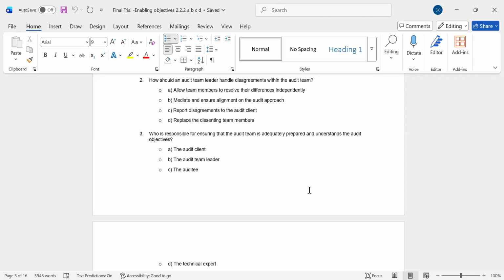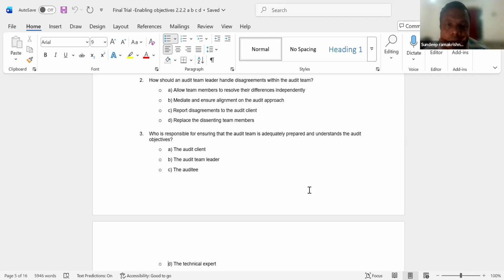He is a mediator and ensures alignment with the audit approach. Very good. Anybody else? Any other answers? Mediate is correct. Very good.